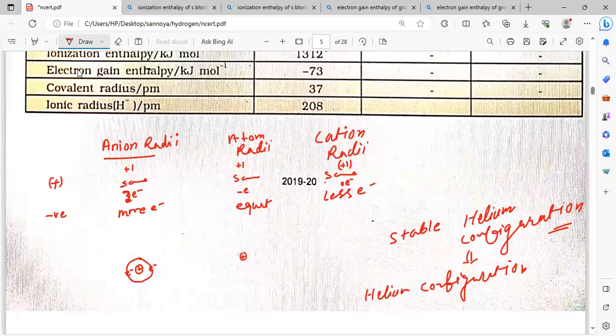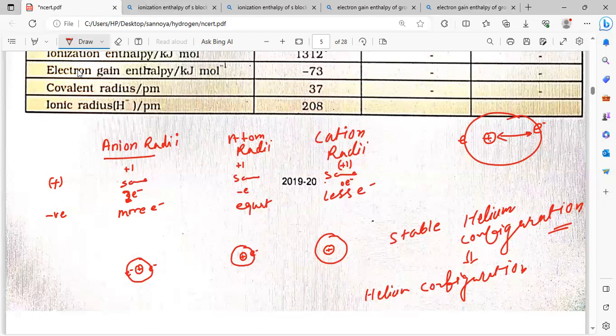Greater the electrons, because which one is pulling the electron? Radii is the distance between the nucleus and the outermost electron. If more electrons are there and fewer protons, they can't attract strongly, yes or no?